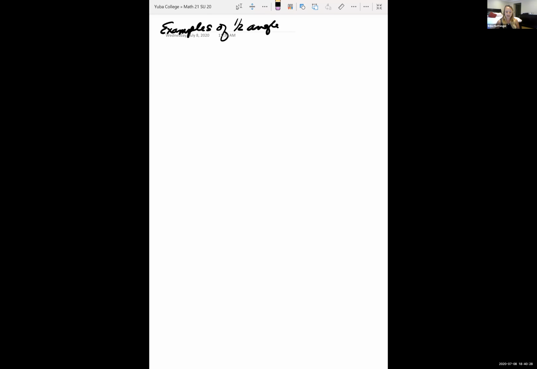So this next example asks us to use the half angle formula to get the exact value. But this is an example where we could actually use a sum or difference of 2 angles to also get the exact value. So this asks us to evaluate sine of 195 degrees.